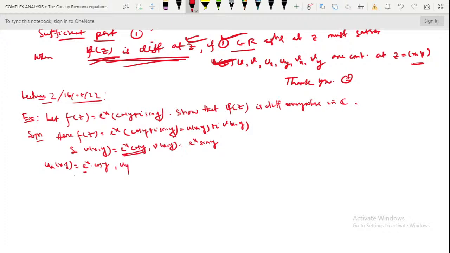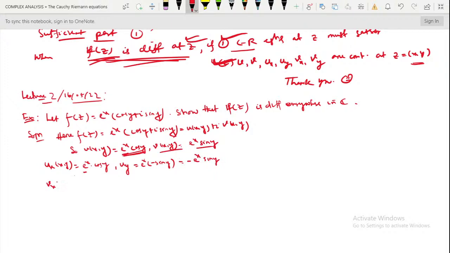So u x is this one, then u y. Take its partial derivative with respect to y, then e to the power x is stated as a constant. The derivative of cos y is minus sin y, so this is minus e to the power x sin y. Similarly, v of x y is this one.